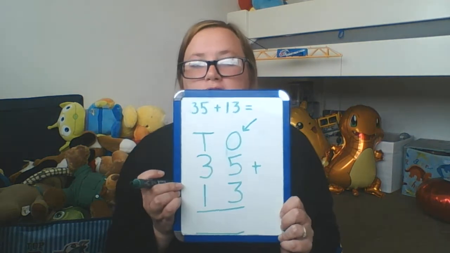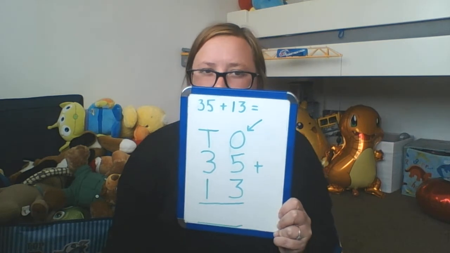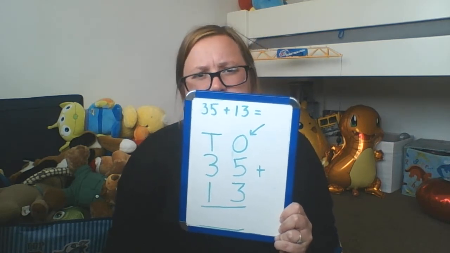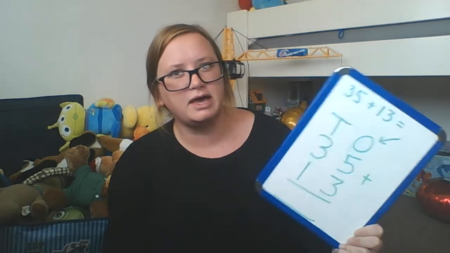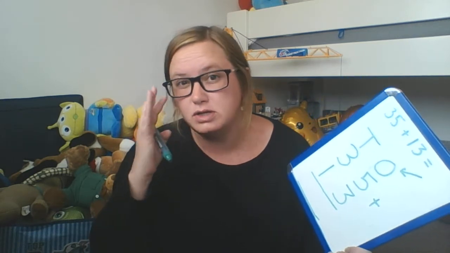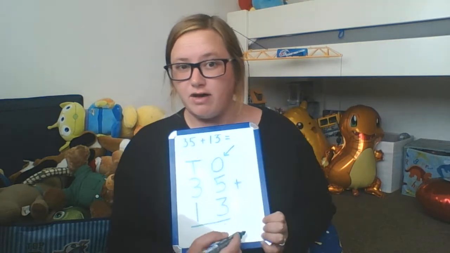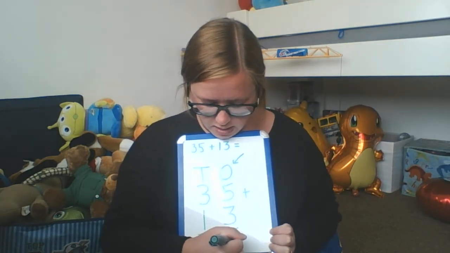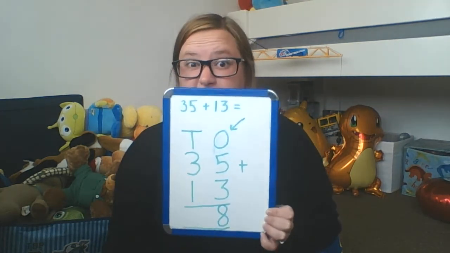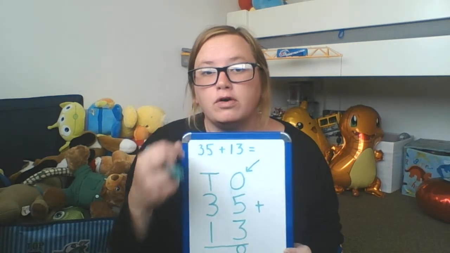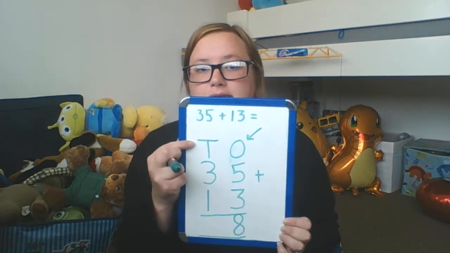Okay, so then I look at it and I say, oh right, so I've got 5 ones and I'm going to add 3 ones. How many ones am I going to have altogether? Hopefully you'll be using your number knowledge, so you'll quite quickly know that 5 add 3 is 8. And then we move along to the next column, which is the tens column.